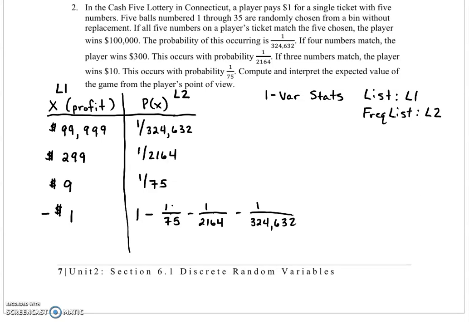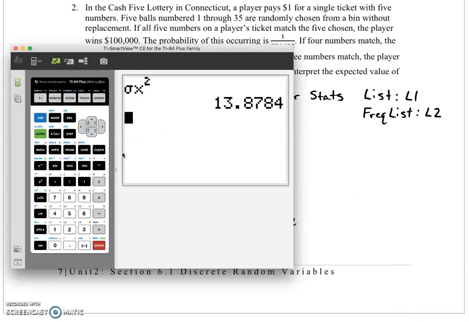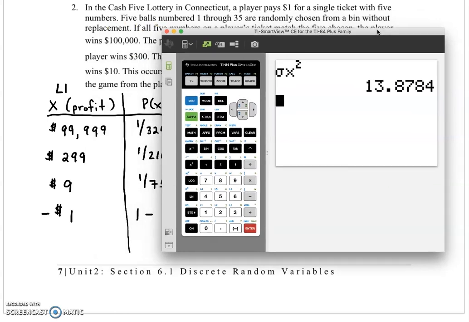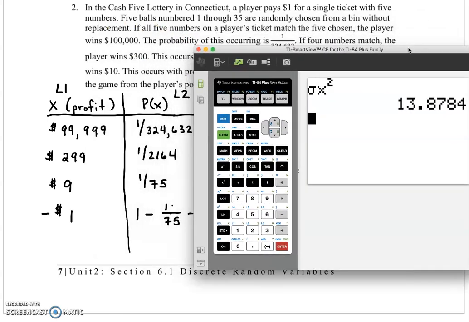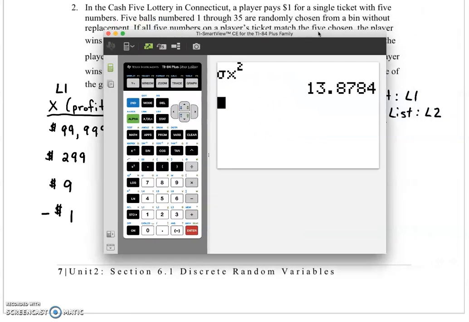And I'm going to show you how to enter all this in the calculator so that you don't spend a lot of time having to write numbers down. So let's move this where I can see. Well, I guess I can't. We'll just have to move it around as we go.